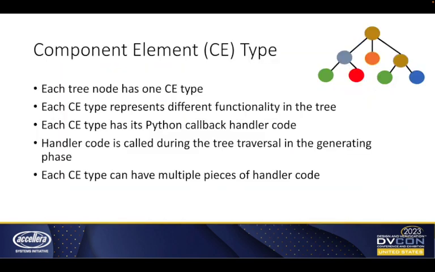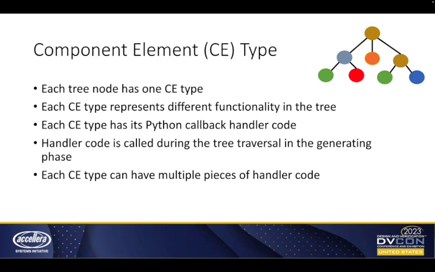In this slide, we will talk more about component element type in G-code. The CE type represents the functionality of that tree node, and each CE type will have one or more Python handler codes. This handler code will be used to generate the test bench code during the generating phase in the correct order, using the information in that node together with its child nodes.